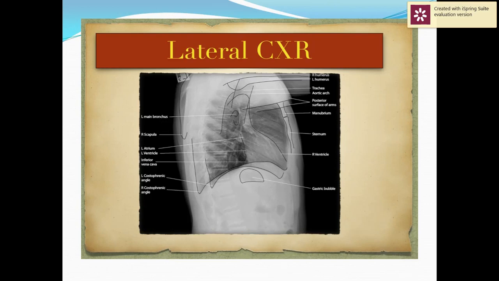And here also, this is the topograph of lateral chest X-ray. This is the left costophrenic angle, this is the right costophrenic angle, posterior angle. Of course, obliteration of this angle with fluid denotes there is pleural effusion, almost 75 milliliters.